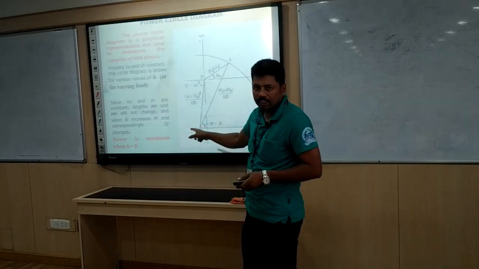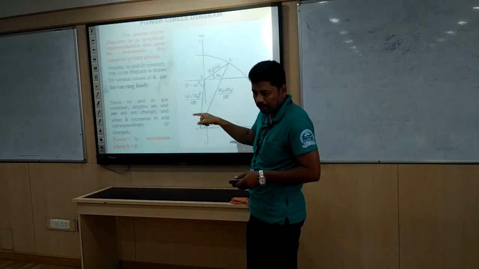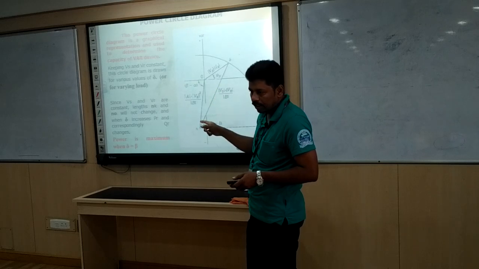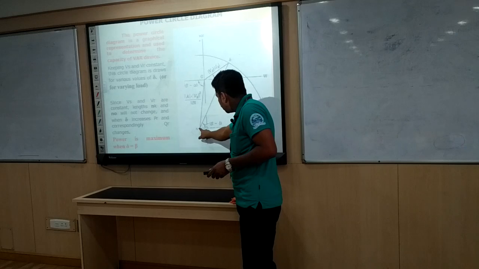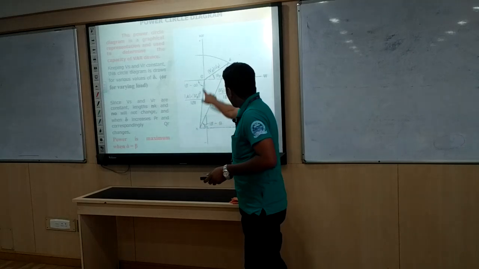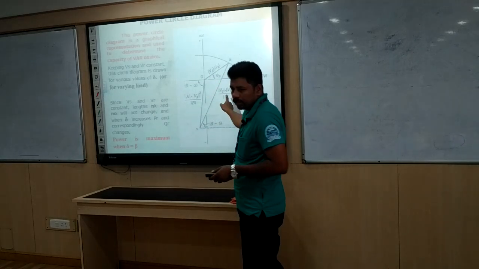Then, to find the radius of the circle, the radius is Vs into Vr by B. From the center of the circle, draw an arc for the radius Vs into Vr by B.